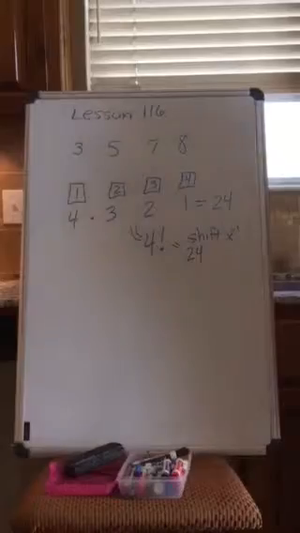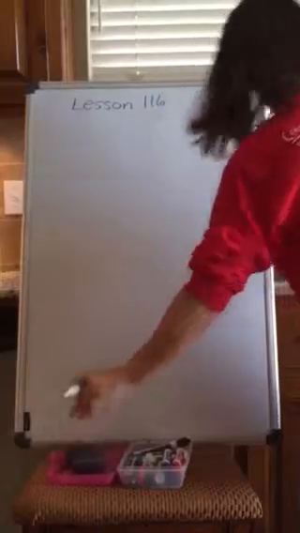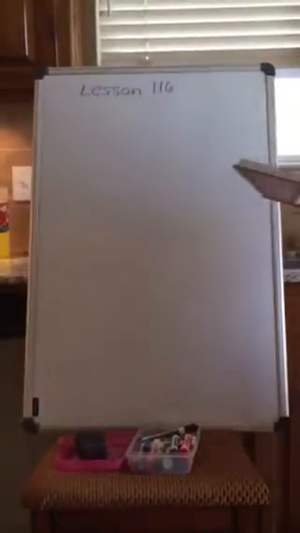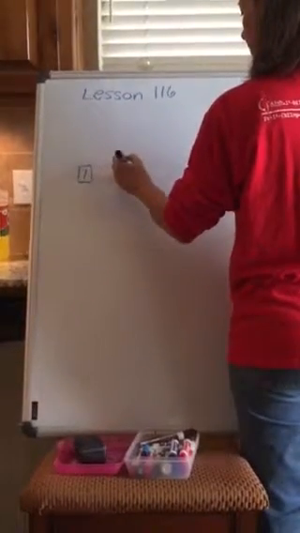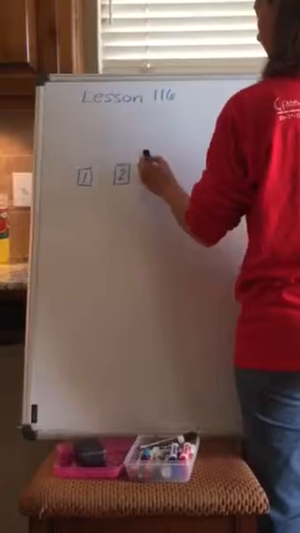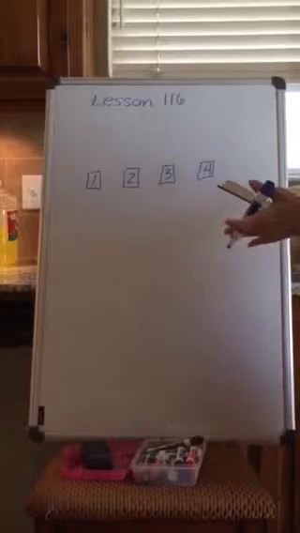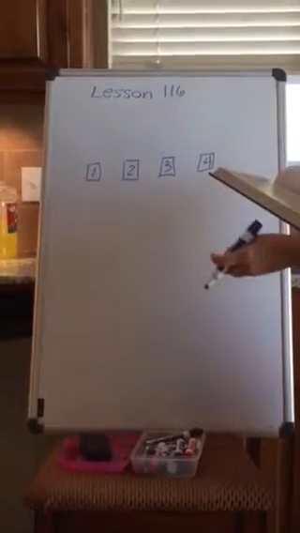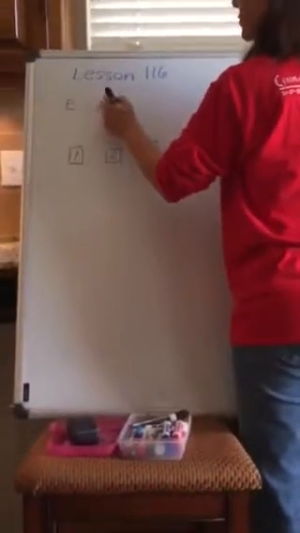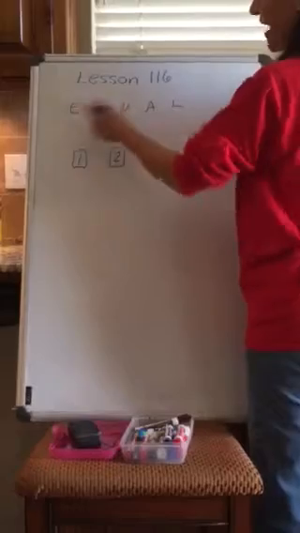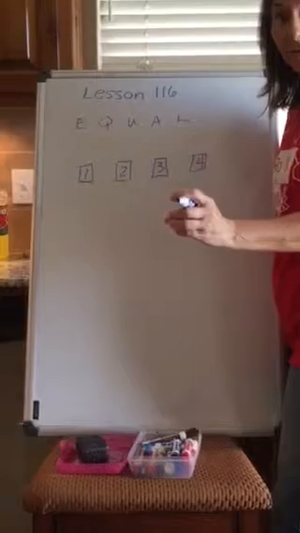Now, let's look at 116.2. 116.2 says how many 4-letter signs can be made from the word EQUAL if repetition is permitted? So I'm going to have 4 letters: here's my first, second, third, fourth. I can repeat the use of the letters, and I have 5 letters available, 5 different unique letters, which matters.